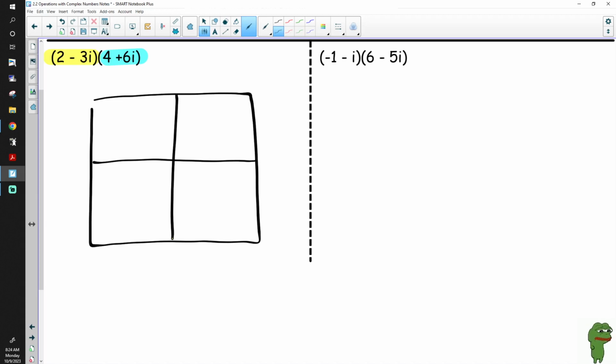They can be mixed and matched. The only thing is, I need to make sure that my yellow complex number goes all on one side. It has to either all go on the left or all go on the top. I can't put part of it on the side and part of it on the top. I've got to keep it together. So I'm going to put my yellow on the left. So I have 2 and minus 3i.